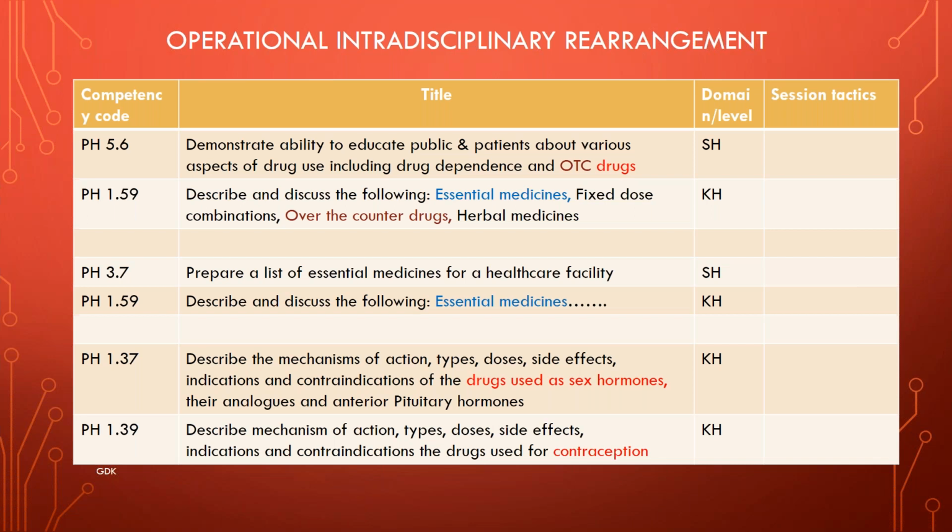Then PH 1.59 and PH 3.7, common is essential medicine. PH 1.37 and PH 1.39, common is contraceptives, contraception, and sex hormones. Obviously, unnecessary duplication would be done if SLOs are prepared separately. They must be aligned. If not aligned, a common SLO should be formed.